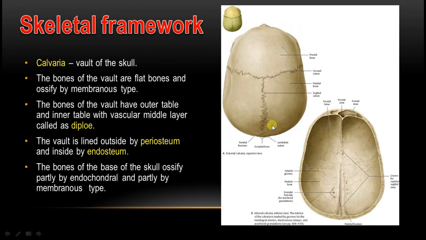One good example is your occipital bone, which is partly membranous and partly endochondral in ossification, because it forms both the vault of the skull as well as the base of the skull.